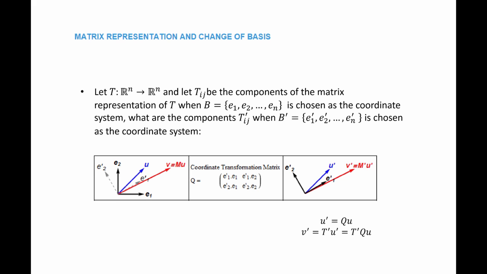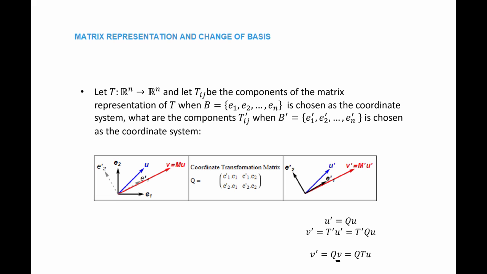First, I know from studying the change of basis, when we studied linear vector spaces, that U prime is equal to Q multiplied by U. I also know that V prime is equal to T prime U prime, and instead of using M prime U prime, I'm just using T prime U prime, and V is equal to T U. And so V prime is equal to T prime U prime, which is equal to T prime Q U. I also know that V prime, the components of V, is equal to this coordinate transformation matrix multiplied by V. And so V prime is equal to QV, and V, as I know, is equal to TU.